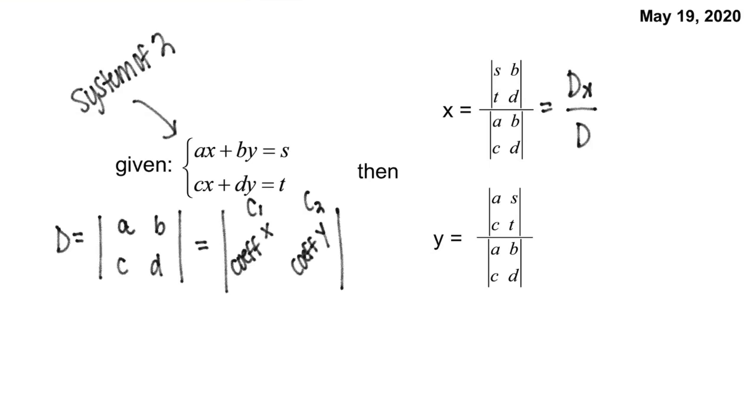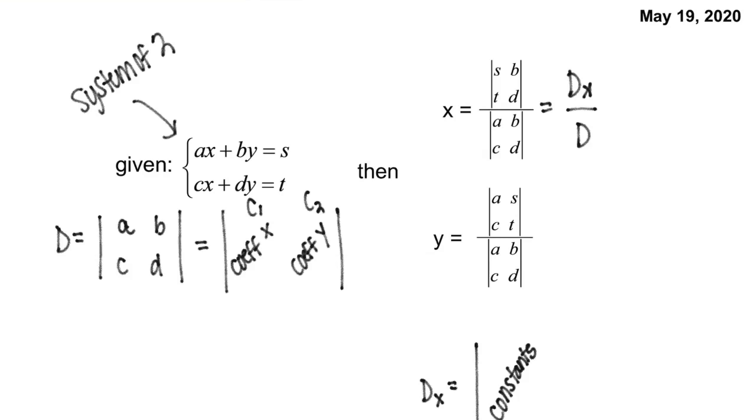You're going to take the determinant of x and divide it by the determinant. Now if we're looking for the determinant of x, we take the coefficients of x out and put the constants in.